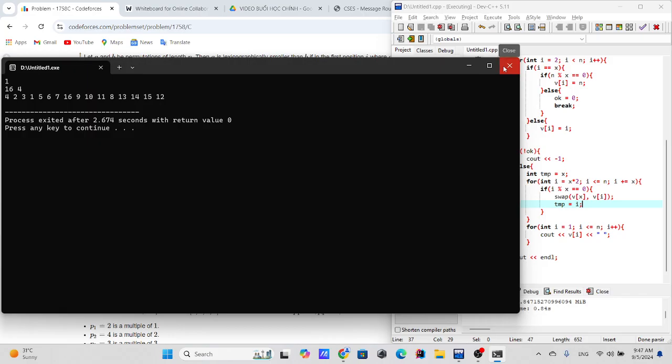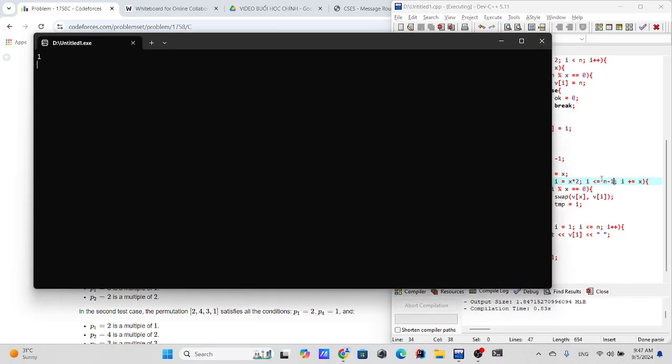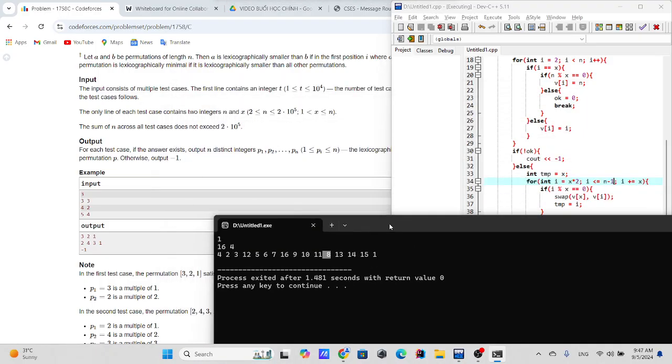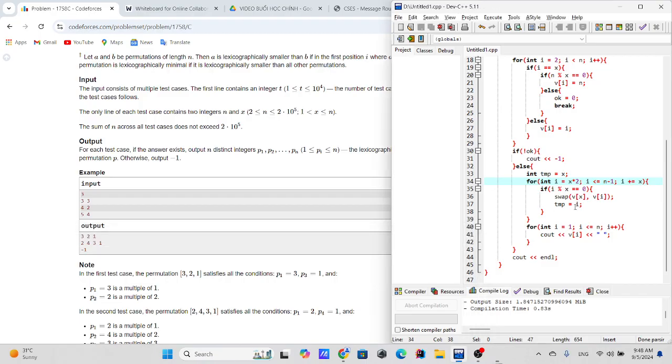This shouldn't be correct. Let me see about 12. This should be 8, right? This should have been 8. No, this is not correct. If e divided by x is equal to 0, what? Swap v of x. Oh, v of temporary.